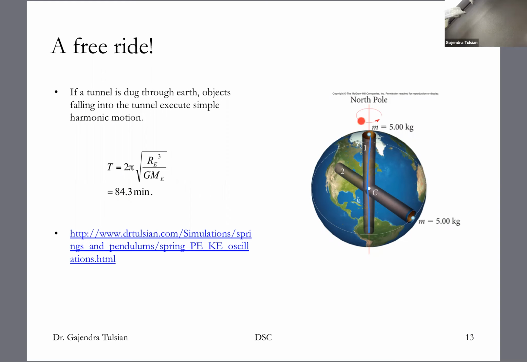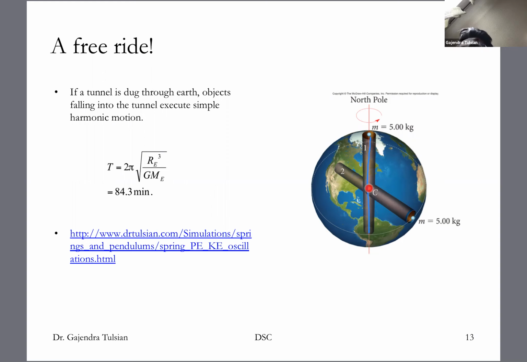Now, those are related. We'll see in chapter 15, we'll study simple harmonic motion. So this object falls down, and it's going the fastest at the center of the Earth. If you drop an object in this hole, it'll start speeding up, and it'll be going the fastest at the center of the Earth, and then start slowing down, and it'll come to rest there, and then back and forth, and keep repeating.